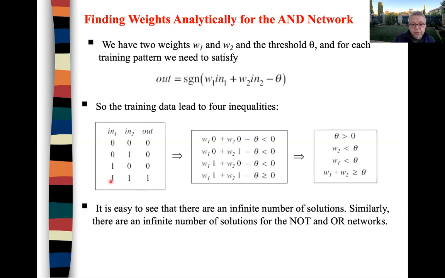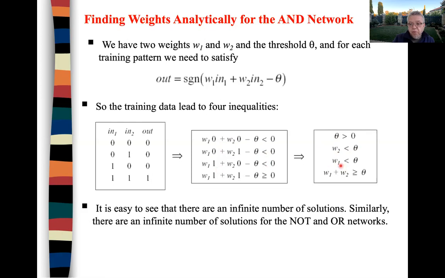Except in this case here, which is W1 times in1, which is 1, plus W2 times in2, which is 1, minus theta. Because we want the output to be equal to 1, this has to be greater or equal than 0. And so this simplifies to theta positive. This inequality becomes W2 less than theta.